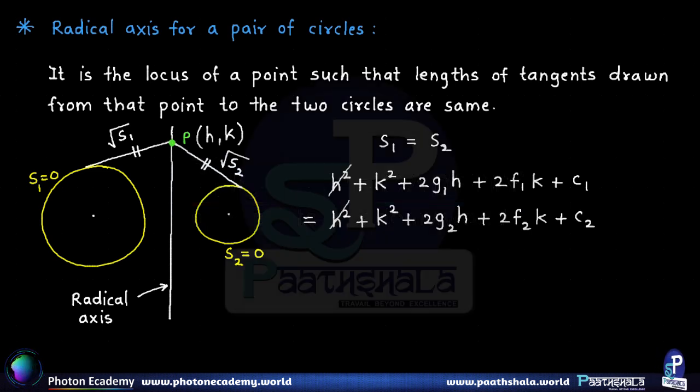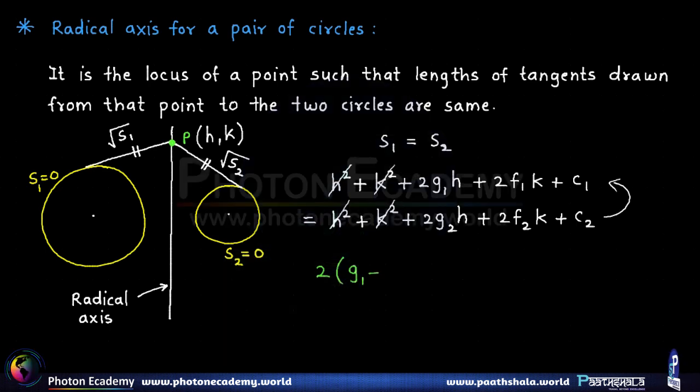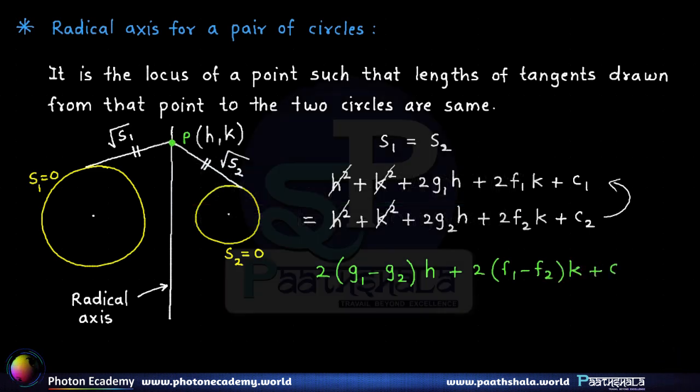So h square and k square terms get cancelled, and bringing the terms to one side we get the final equation as 2 times (g1 minus g2) times h plus 2 times (f1 minus f2) times k plus c1 minus c2 is equal to 0.